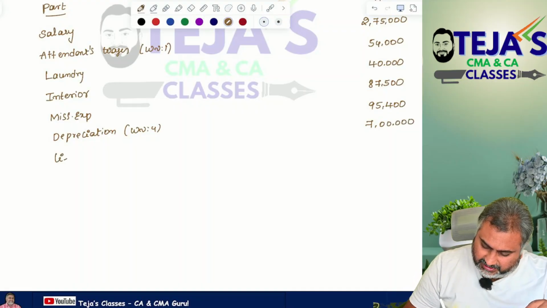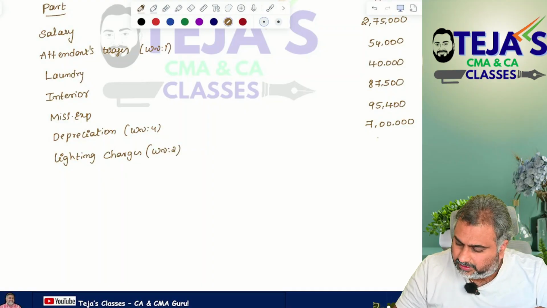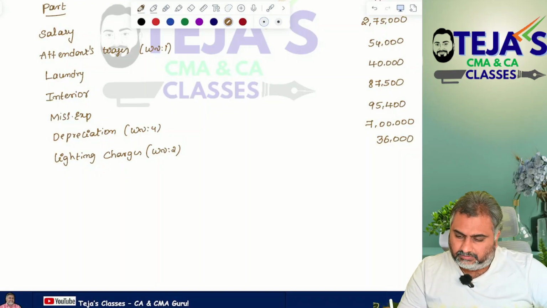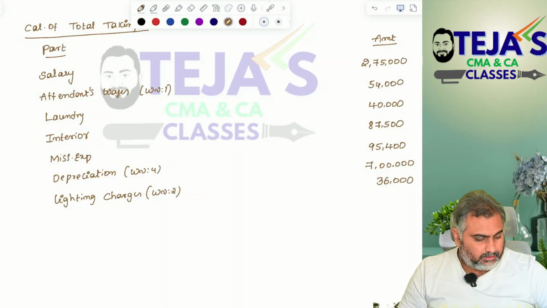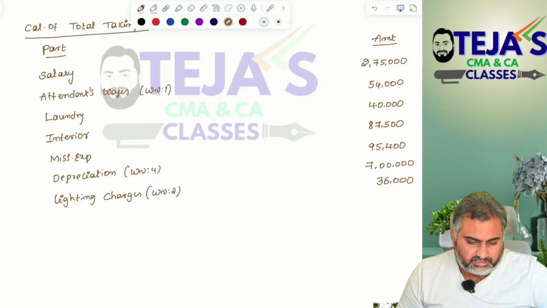Next, lighting charges. Working note 2. We got already 36,000 itself. Here, anything else? Once do the total: 2,75,000 plus 54,000 plus 40,000 plus 87,500 plus 95,400 plus 7 lakhs plus 36,000.